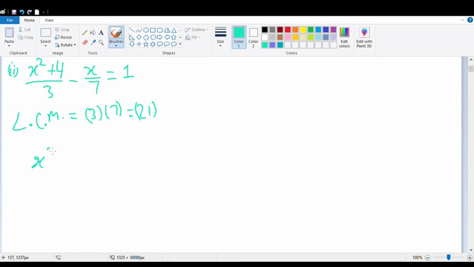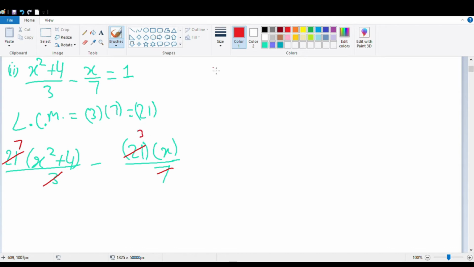So x squared plus 4, divided by 3, minus 21 into x, divided by 7. So right here, we can simply cut 3 and 21 and we get 7, and 7 and 21 and we get 3.